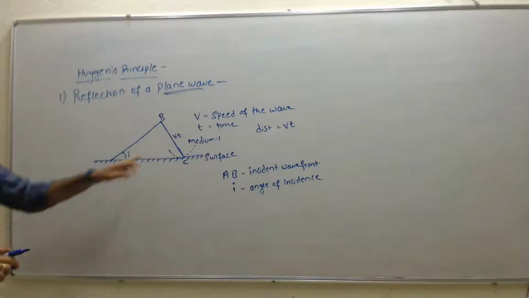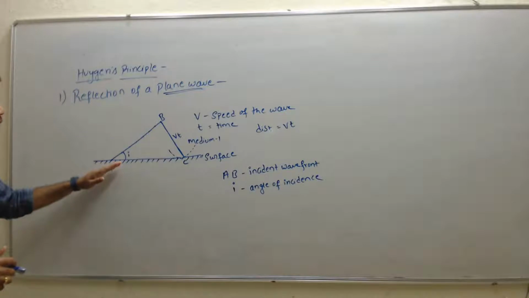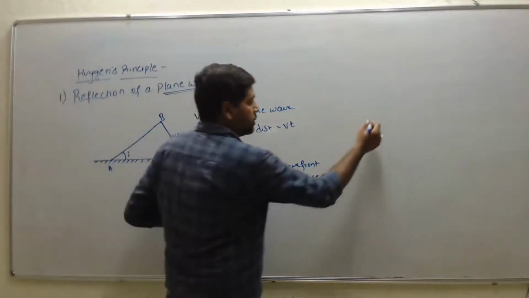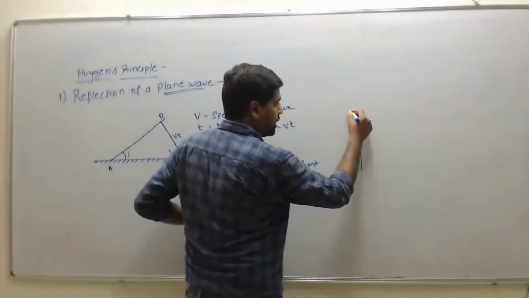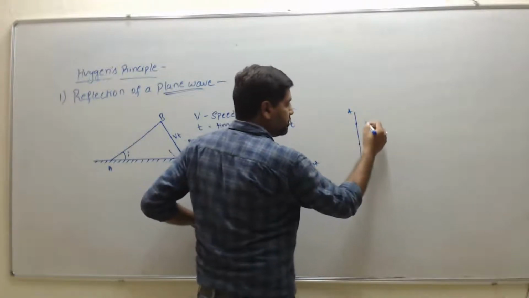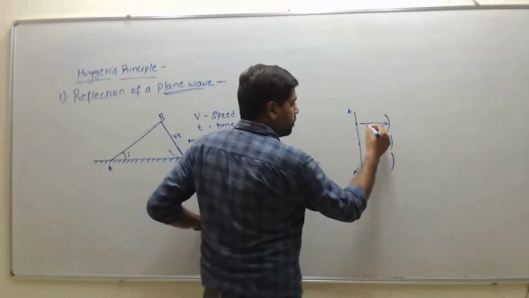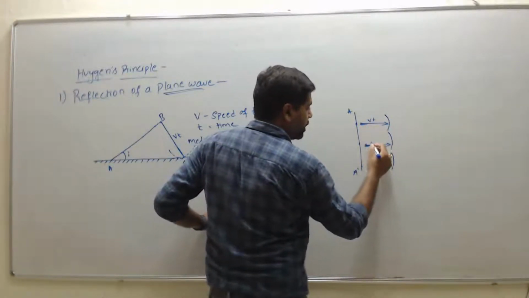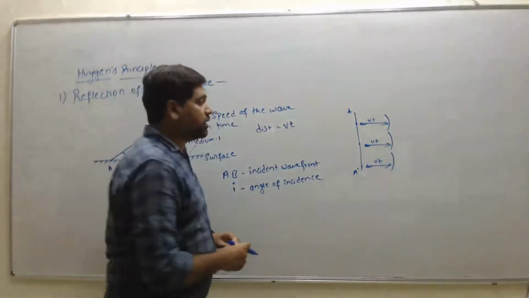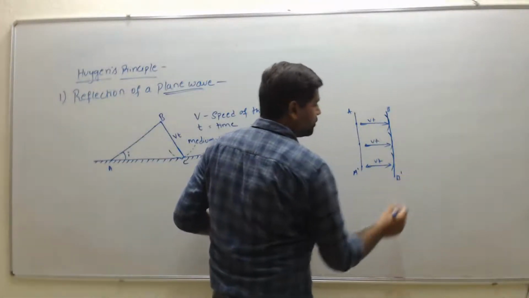So Vt is the distance traveled by the source B. In the same time, these other points also travel. For example, here are points 1, 2, 3. These 3 points travel with the same speed, so they cover the same distance. From here to here it is Vt, and from here to here it is Vt. So these 3 points travel the same distance, and then the wavefront is parallel.